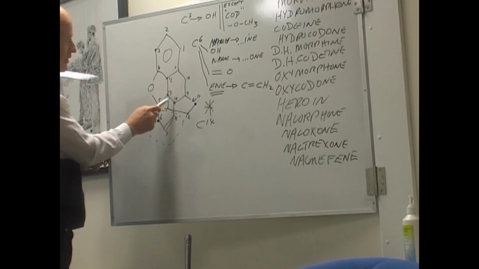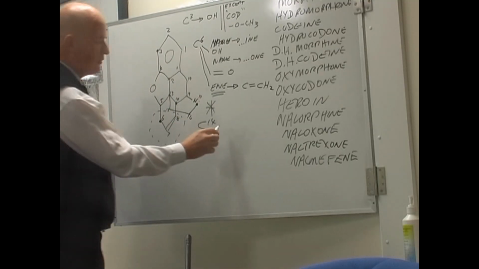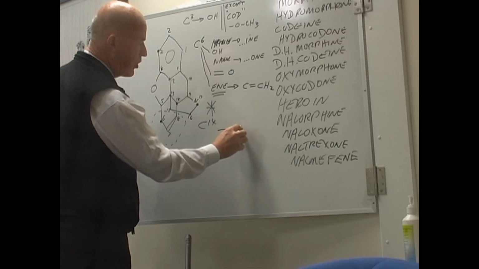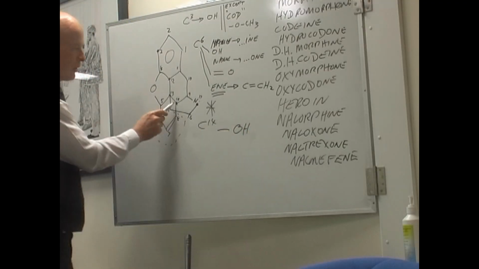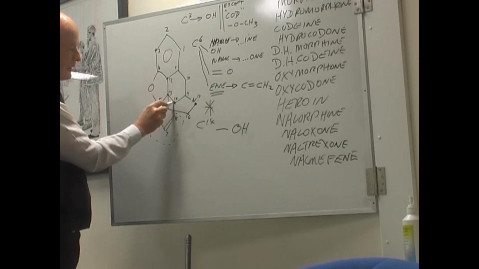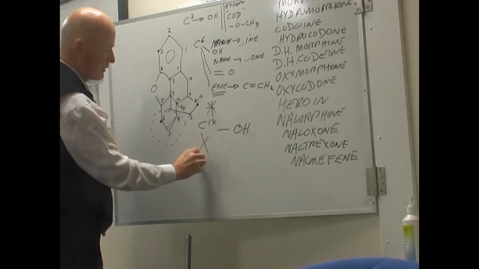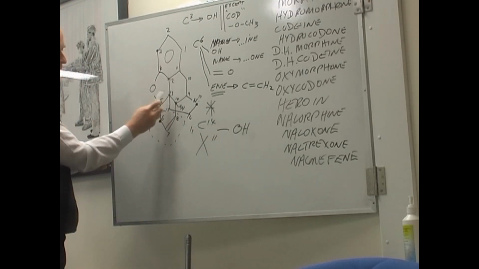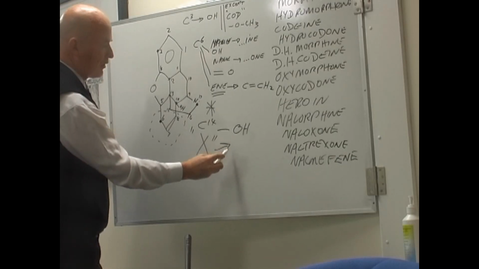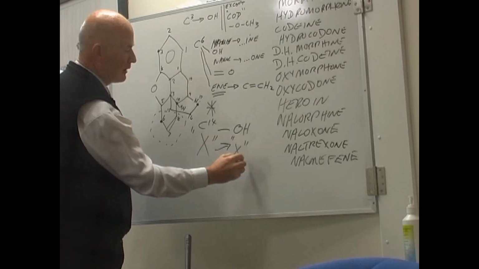Now move on to C14, and as you see there, it has a bit of a Y shape. But if you get an OH substitution on C14, like that, then you've now got an X shape in the structure. And that tells you that you've also got an X in the name.